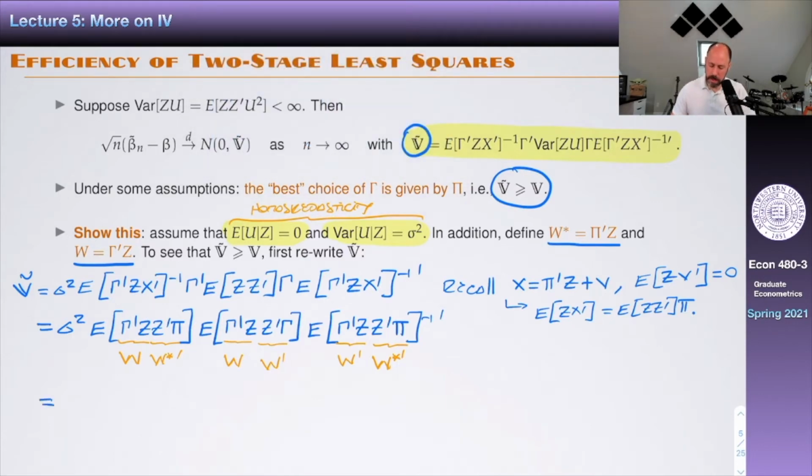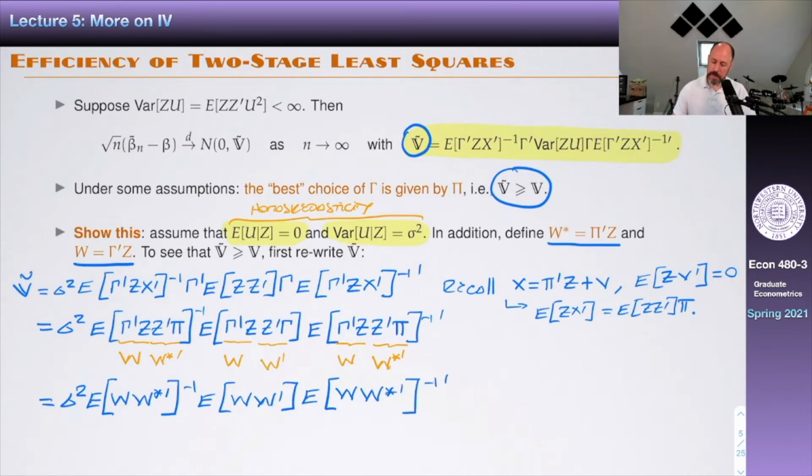So we can finally write this in the following way, just to have a shorter expression: the expected value of W W star prime, inverse, times the expected value of W W prime, times the expected value of W W star prime, inverse, prime.